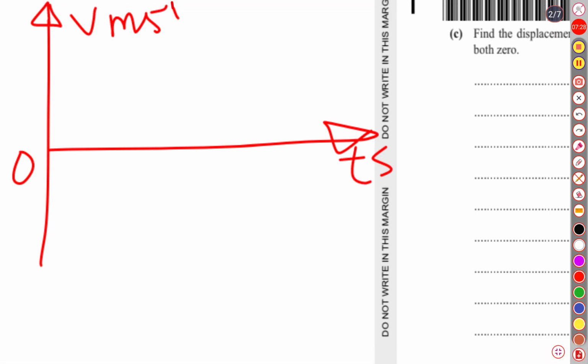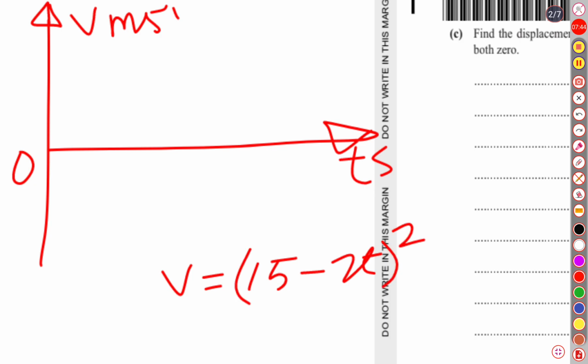Then let us see the velocity was v equals (15 minus 2t) whole squared. Let's find the value of velocity when t is 0. v is going to be 15 squared, which means 225. So at the beginning it is 225.